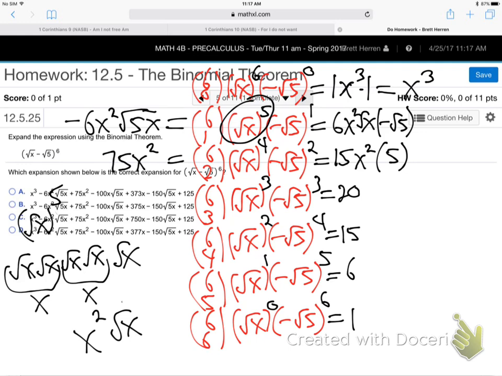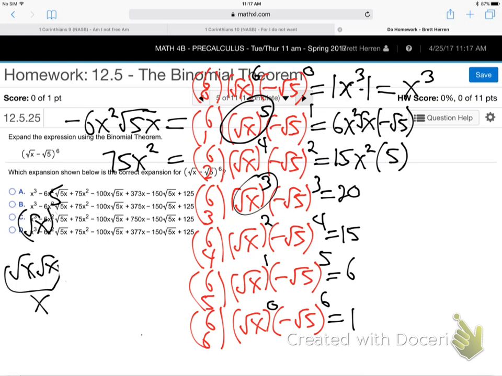And then the root x cubed, what's root x cubed going to be? So it'll be x root x for that part, and then the negative root 5 cubed.